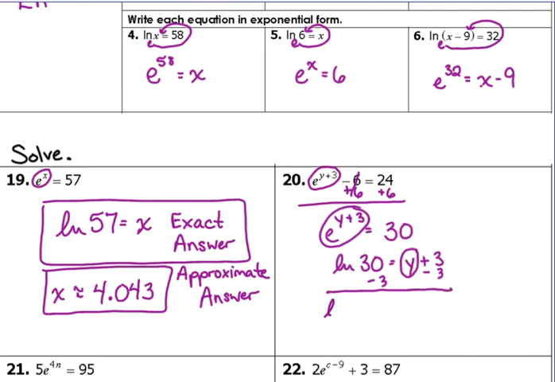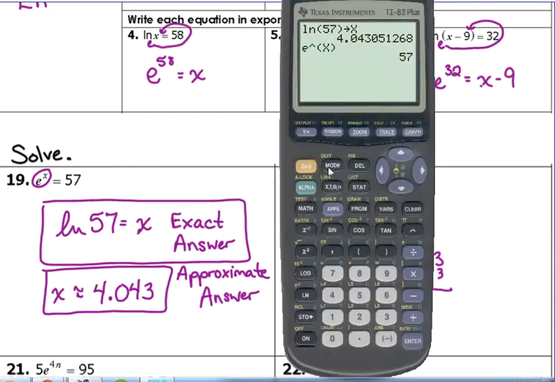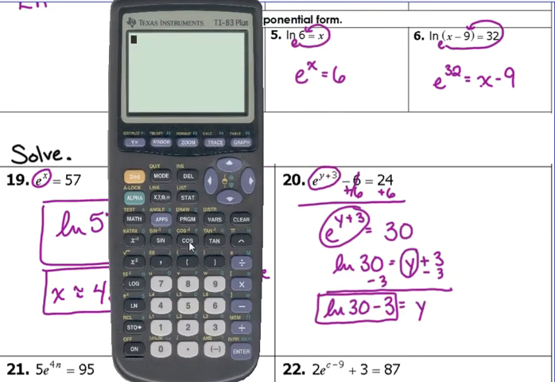Now, just like our logs last week, you never, ever, ever change what's inside that logarithm. Once it's in there, it is there. So our exact answer is the natural log of 30 minus 3. Now you've got to make sure that when you put this in the calculator that you close your parentheses after the 30 before the minus 3 and store that as x.